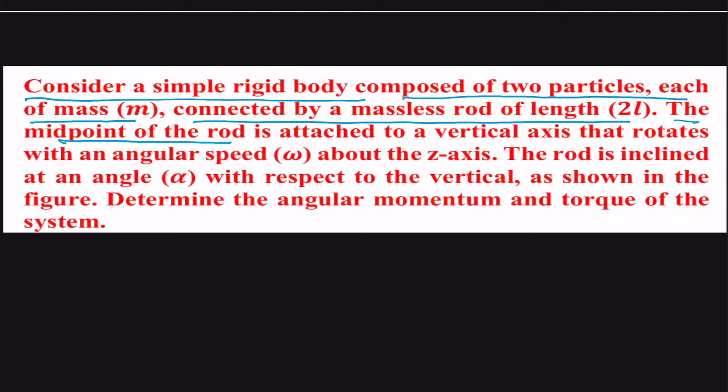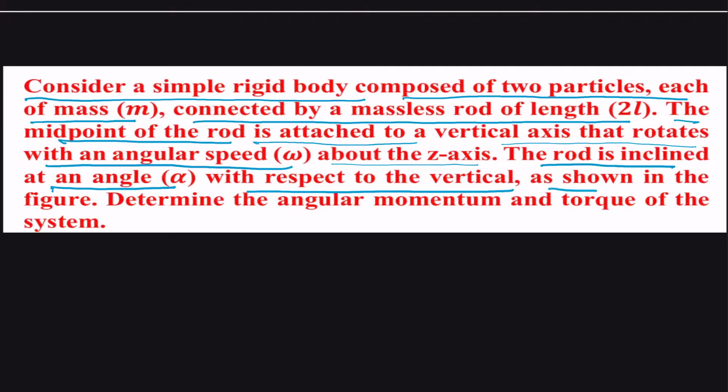The midpoint of the rod is attached to a vertical axis that rotates with the angular speed omega about the z-axis. The rod is inclined at an angle alpha with respect to the vertical as shown in the figure. I'll draw later on. Determine the angular momentum and the torque of the system.